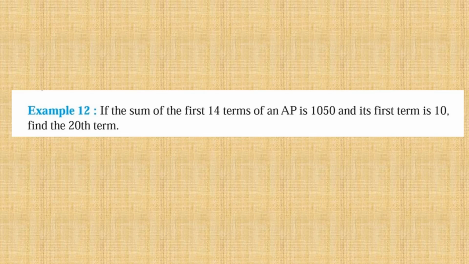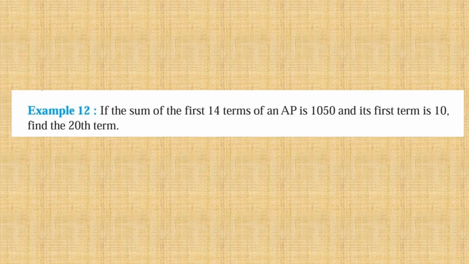So the sum Sn is given, and its first term a is given, and we want to find the 20th term. The sum of the first 14 terms, that means S14, is given as 1050, and the first term a is given as 10. We want to find the 20th term.